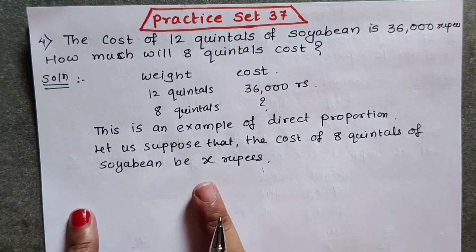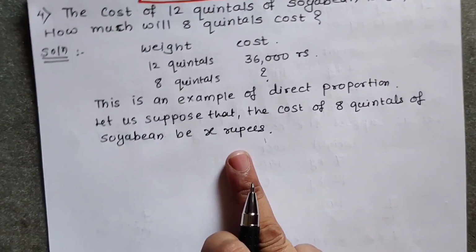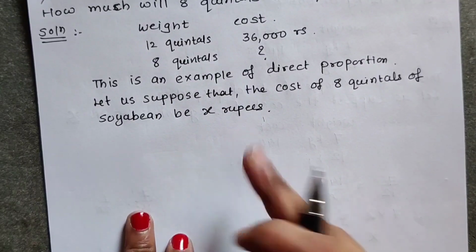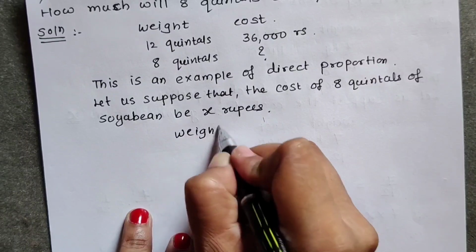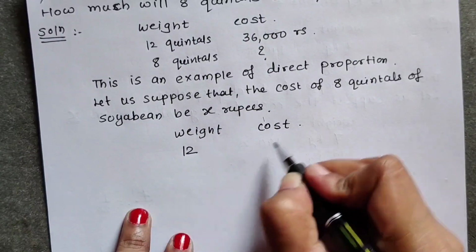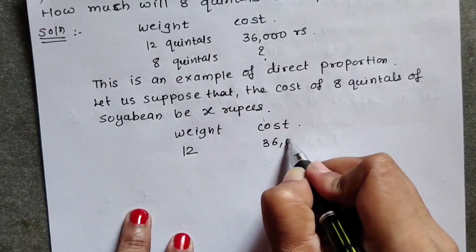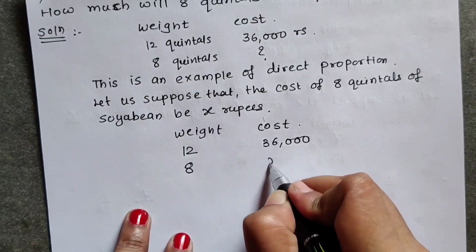Now we have taken for 8 quintal soybean, their cost is x rupees. So again I am writing weight and cost, this table, weight and cost chart. So for 12 quintal, cost is 36,000 rupees. For 8 quintals we have taken x.